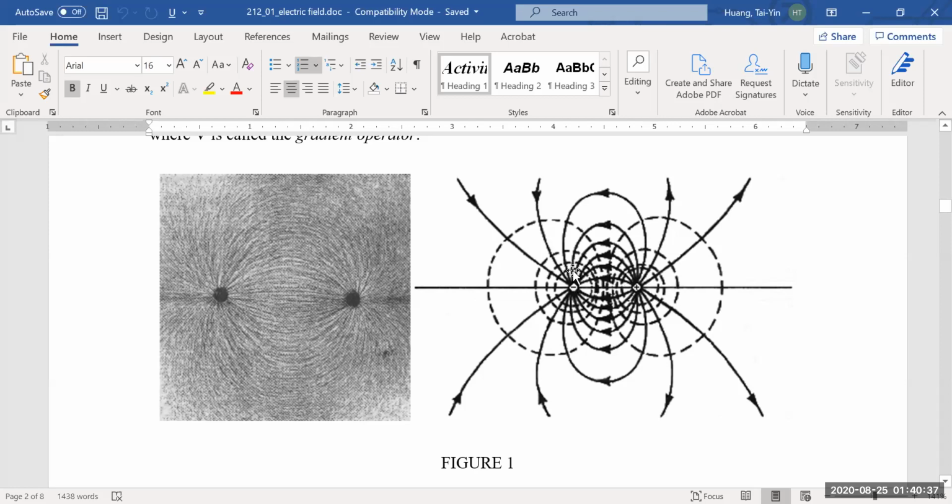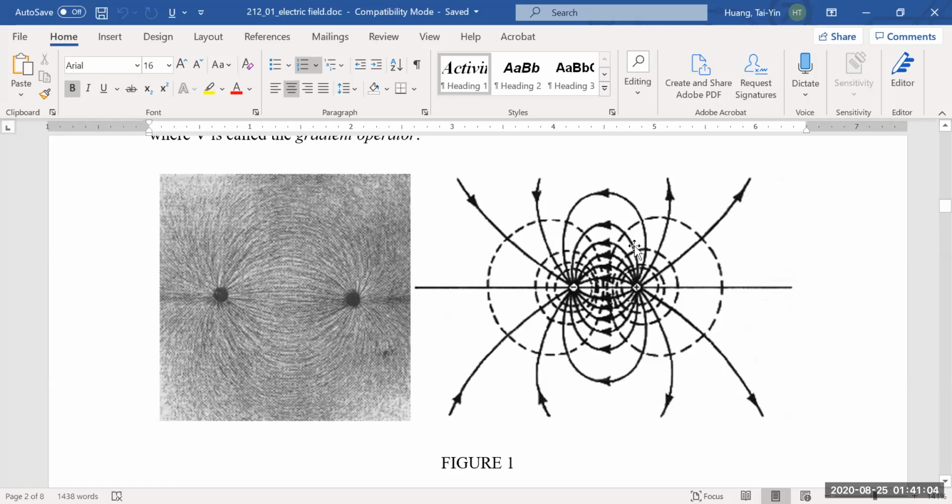When you have a dipole arrangement like this, you can just follow the electric field lines. Opposite charges attract each other, so this positive charge will produce electric field that terminates at the negative charge.